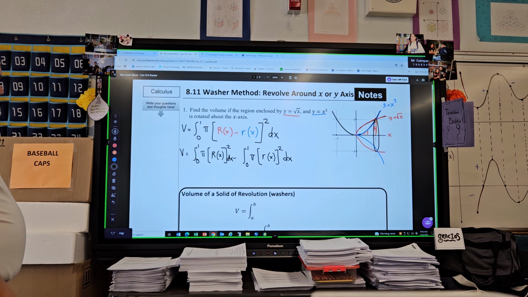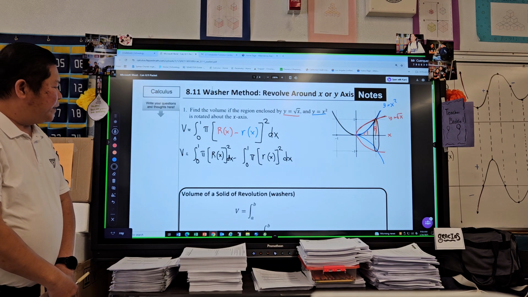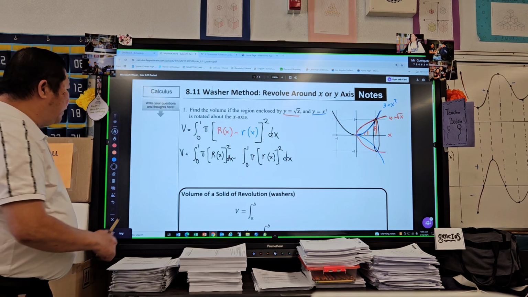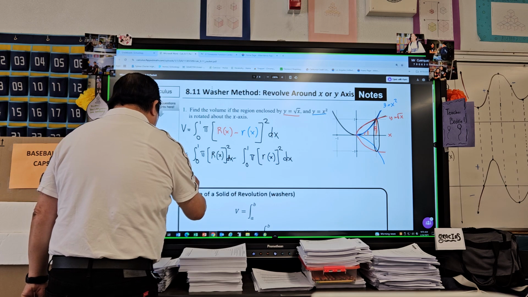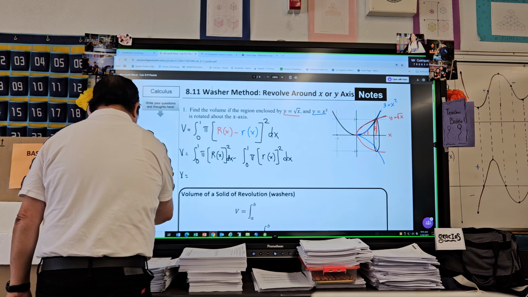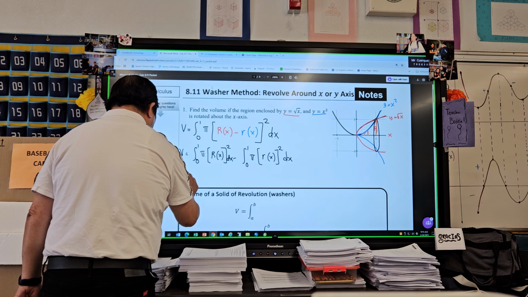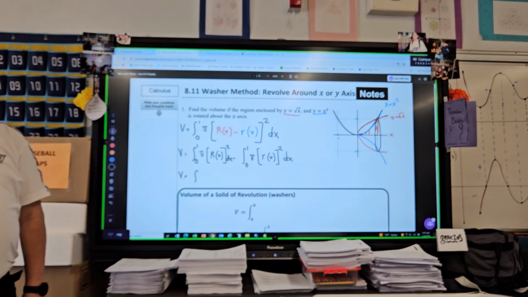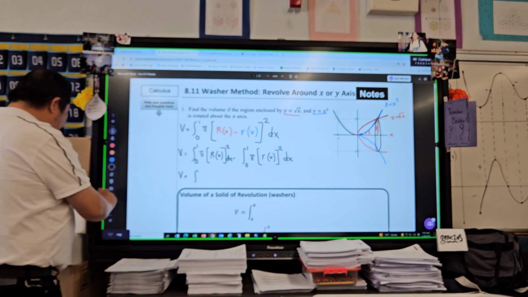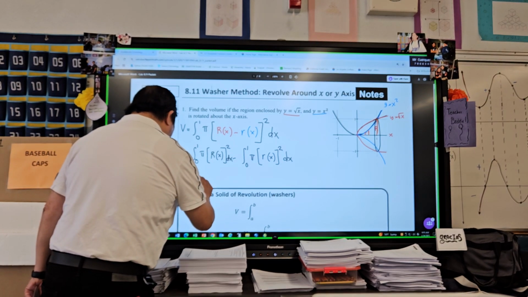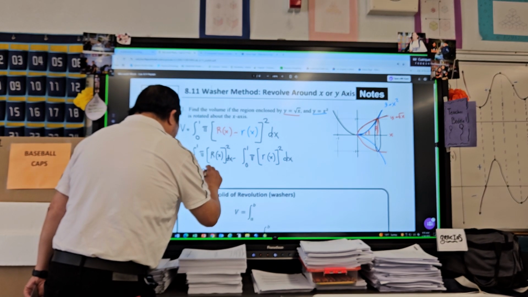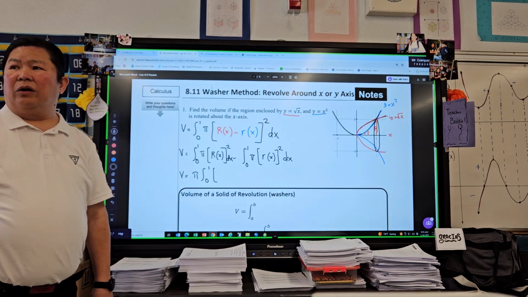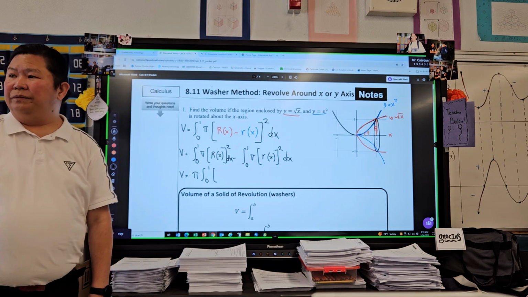Now, what is R of x? The red color. Okay, square root of x. So, volume is equal to the integral, or can I write pi outside? Okay. So we have pi, the integral from 0 to 1, and we have our R of x, the red color, which is square root of x.